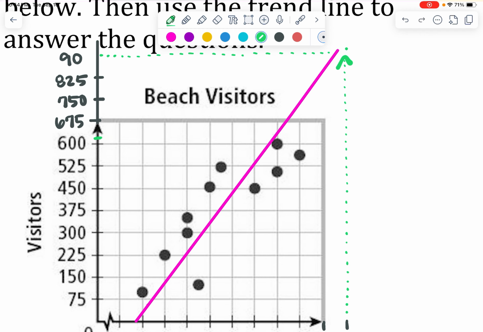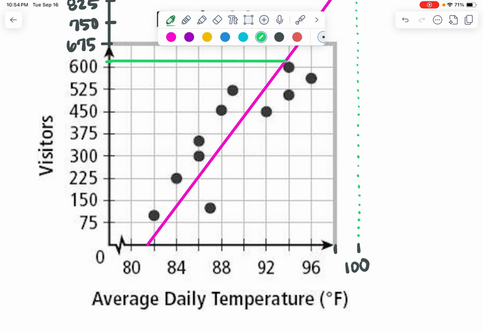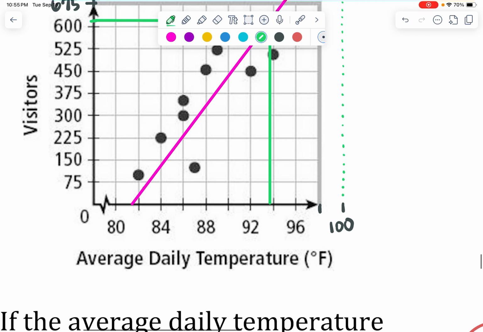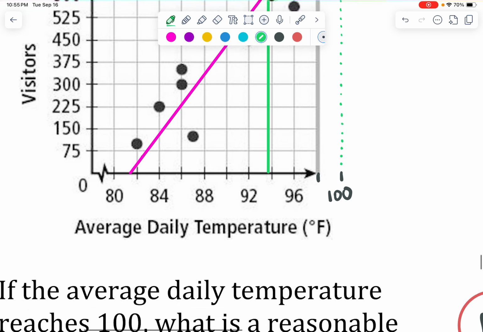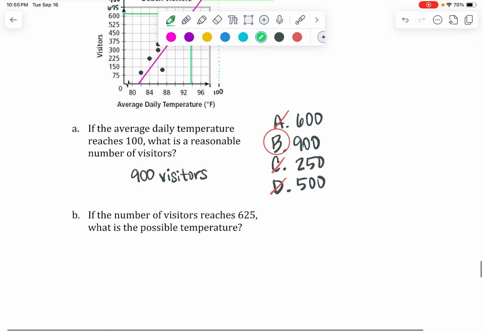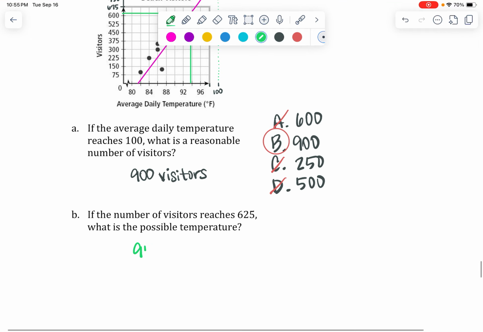Oh, it's a little crooked. Hold on. Let me try that one more time. All right. And then I'm going to drop to the temperature at that value and just eyeball what that is. So for me, that's really close to the 94 degree mark. So I'm going to put 94 degrees.